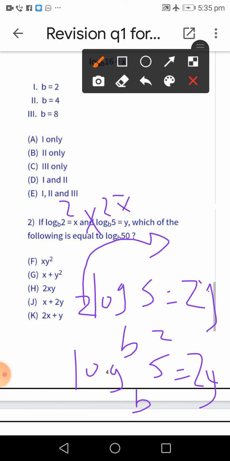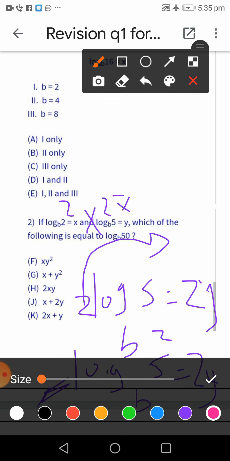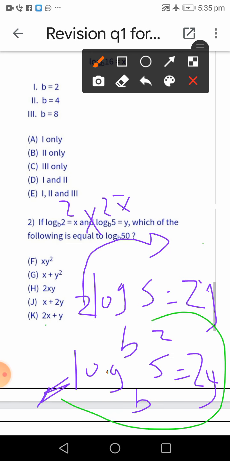So I will multiply this log to this log. So log base b of 5 squared equals 2y, and log base b of 2 equals x.